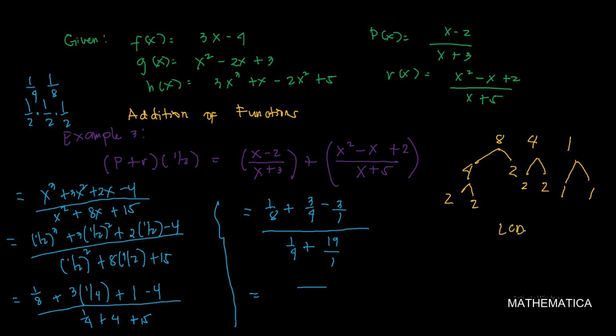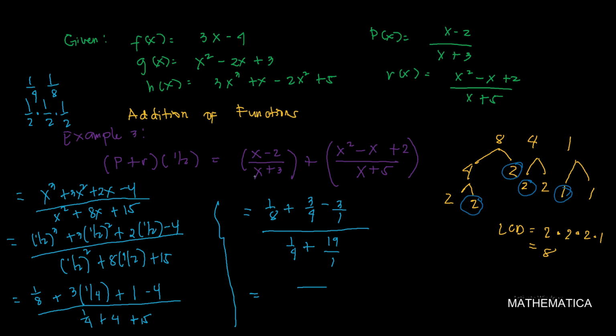So, ang ating magiging LCD ay 2 multiplied by 2 multiplied by 2 multiplied by 1. We will have 8. So, that's how we can get our LCD o yung tinatawag nating least common denominator.